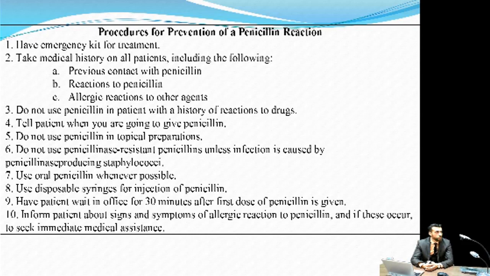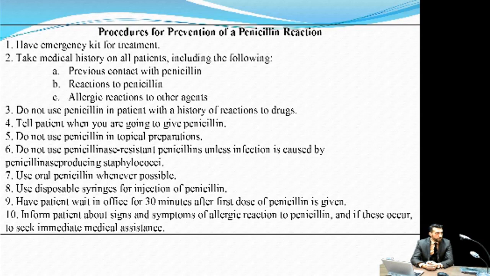8. Use disposable syringes for injections of penicillin. 9. Have the patient wait in the office for 30 minutes after the first dose of penicillin is given, and monitor vital signs to ensure the patient isn't allergic to penicillin.